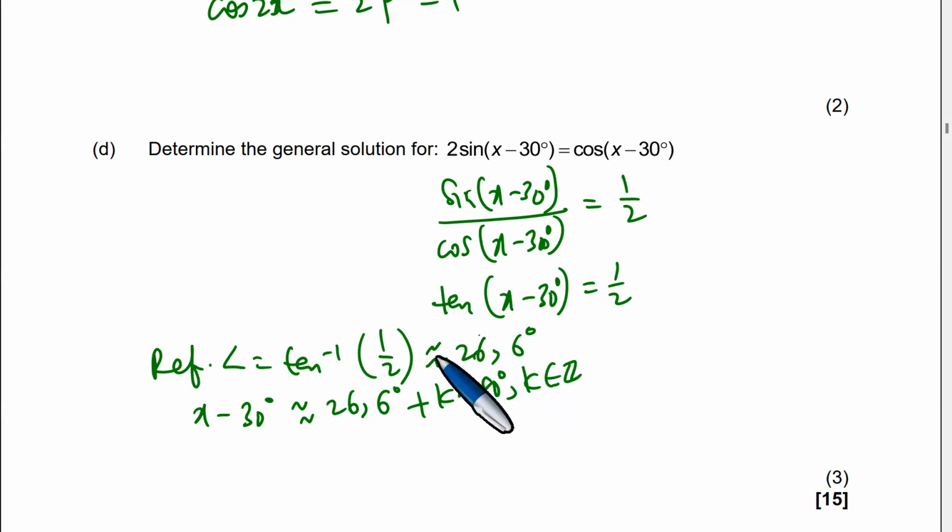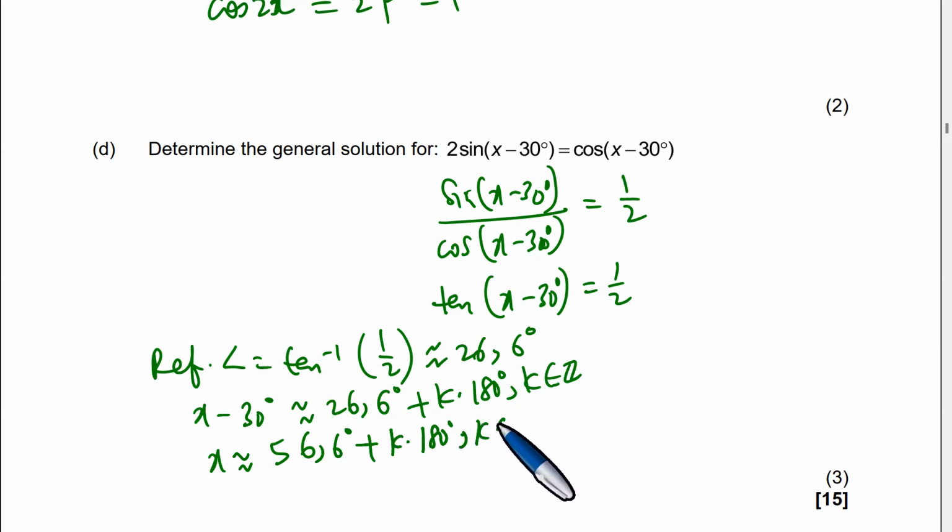Okay, so the angle is that, and then you move things to the other side. We need the general solution, so the general solution is going to be exactly this one here. If you bring over the 30, x is 56.6 degrees plus k times 180 degrees, k in Z. So that's what we're going to get. So this is sort of the general solution.